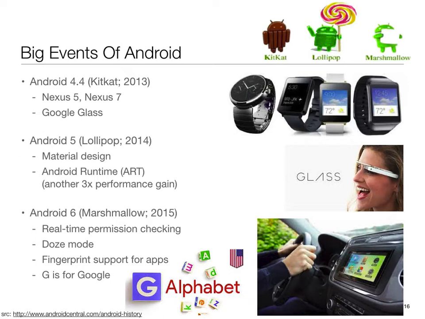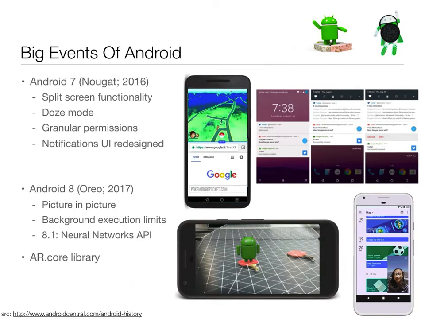So this was when they first introduced asking you in real time whenever permission was needed to access any sensor of your phone, like your internet or your location. And then in 7 they had the split screen functionality, and Pokemon Go came out around there, and they had more granular, fine-grained permissions, and they redesigned the UI.